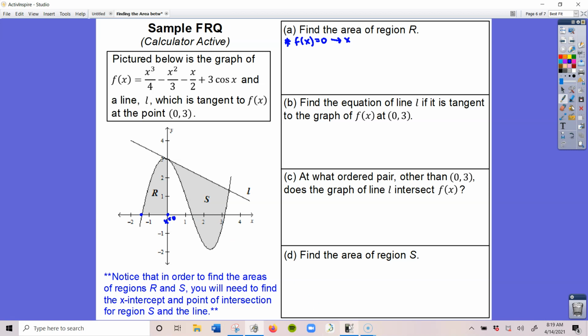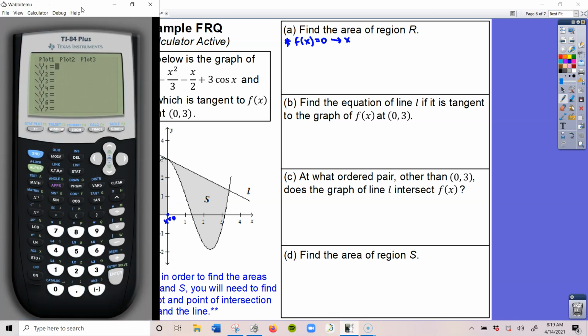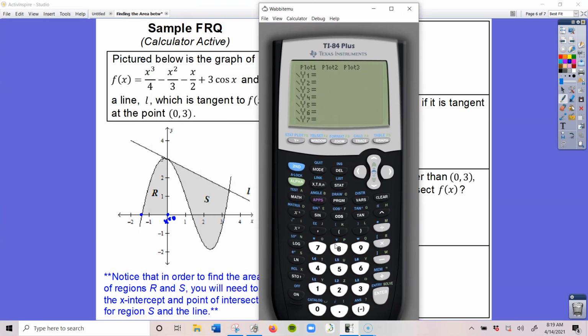So I'm going to go to my calculator and input that function, which is x to the third divided by 4 minus x squared over 3 minus x over 2. Notice that I'm putting parentheses around all of these fractions.